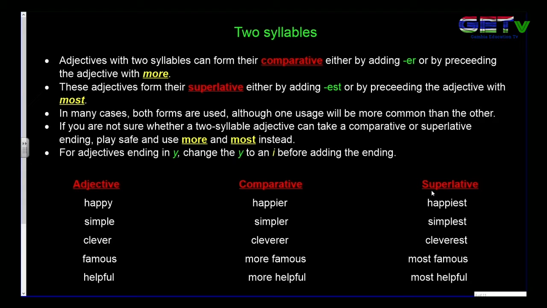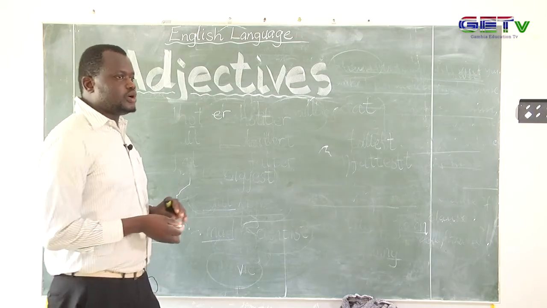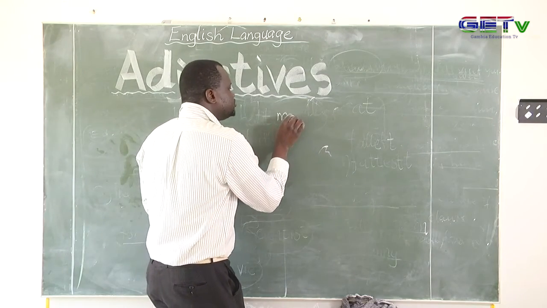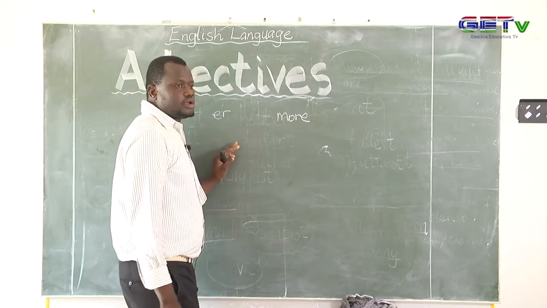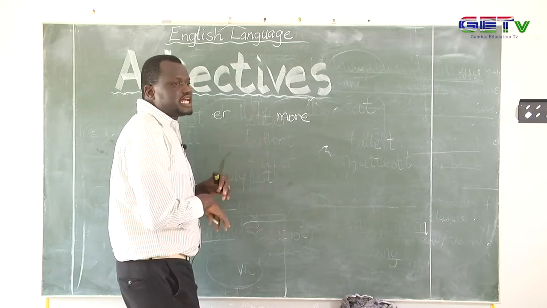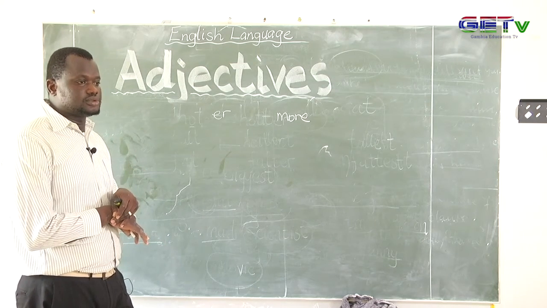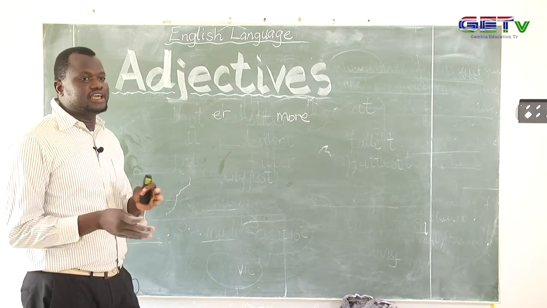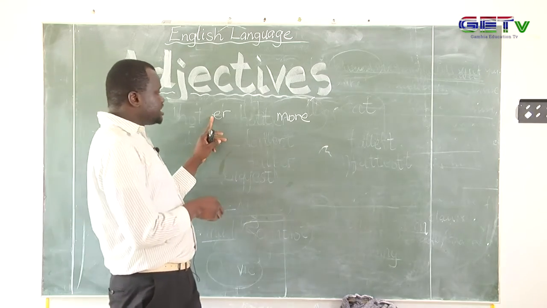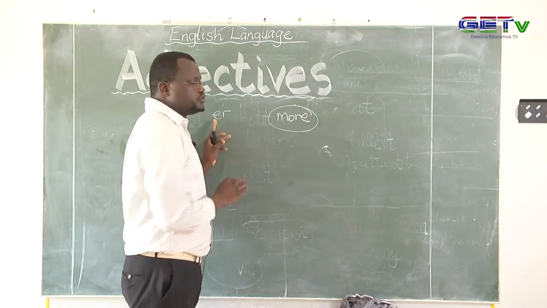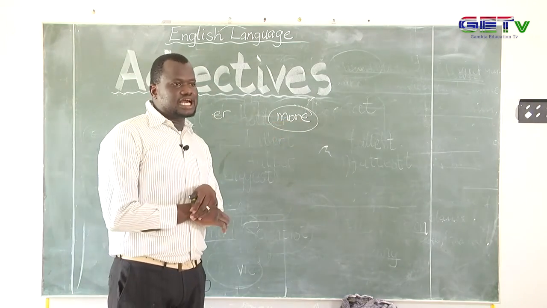Meaning here, words with two syllables, if we want to form their comparative, we can either add ER to the original adjective, or we use more preceding the original adjective, before the adjective. That is what we mean by preceding. You either use ER or use more before the original adjective.